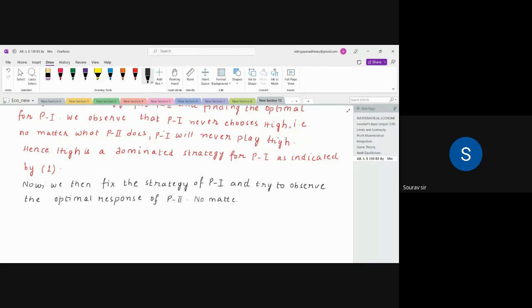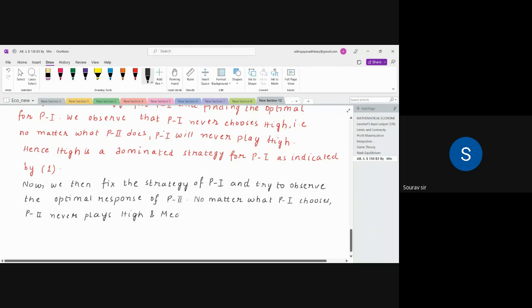No matter what player 1 chooses, player 2 never plays high and medium.